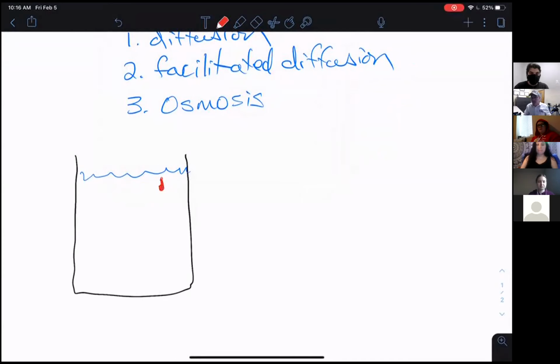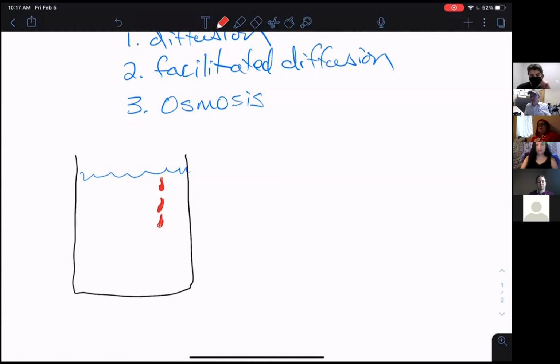What's going to happen? Georgia, what's going to happen when I drop that food coloring into the water? What do you think? Well, if it's one drop, it probably won't do anything. It won't be doing much. So let's add one more. Let's make it do something. Let's add 2 more just for fun. What's it going to do from there?